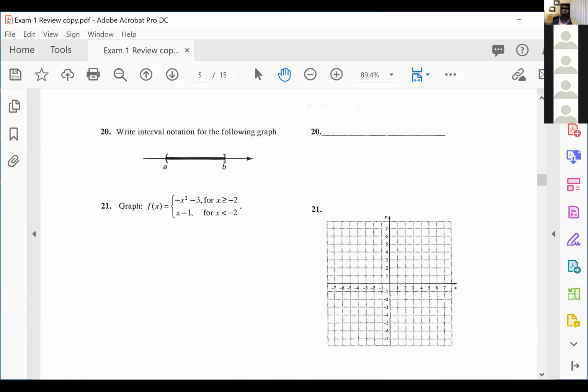This is a parabola, but it's only valid for when x is greater than or equal to negative 2. So let's look at what happens at negative 2. We're at negative 3 for the y-intercept for this guy. It's an upside down parabola, which means that it looks like this.